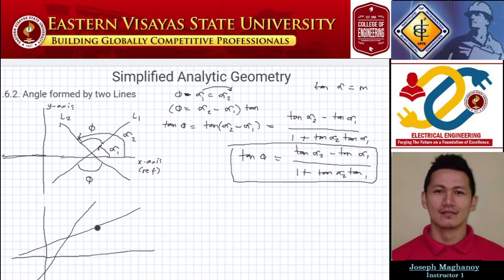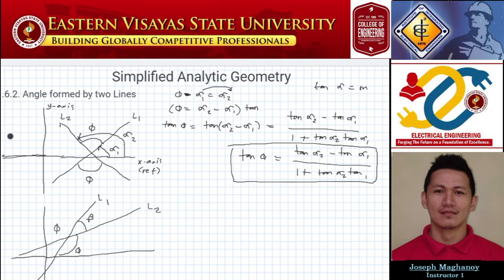Considering this is still our alpha or theta, this is our beta, and this is our line 2, line 1.